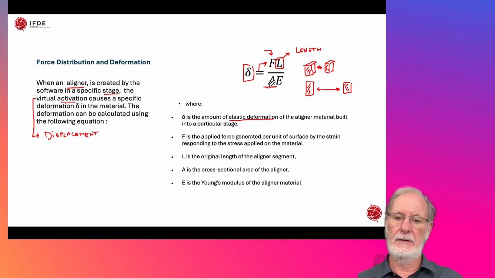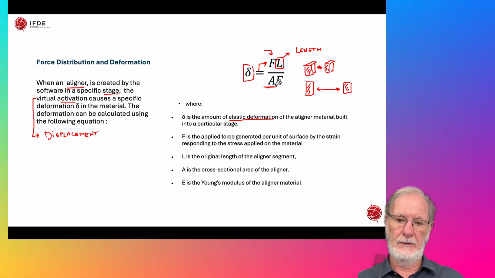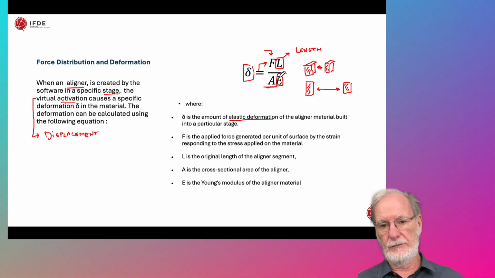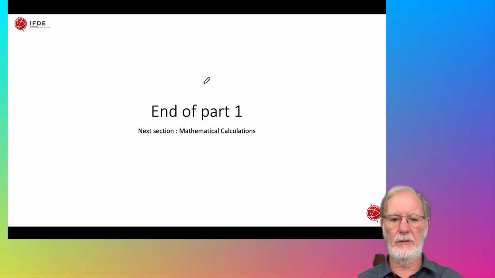See, that's the inverse proportion. The thicker the aligner, the less deformation you'll get. We all know that. The last property is the amount of elasticity you get from the Young modulus of elasticity done by every single aligner company. So that's the end of part one.